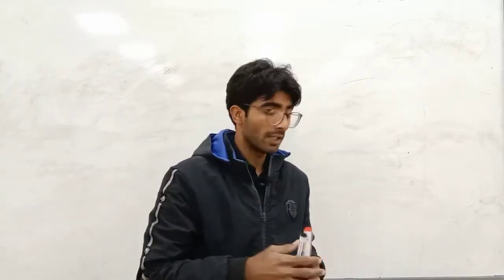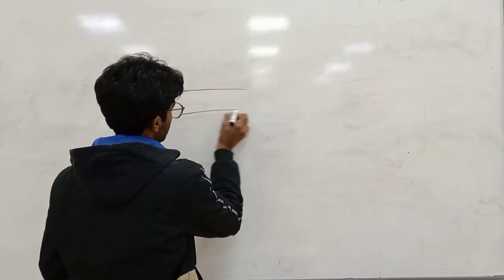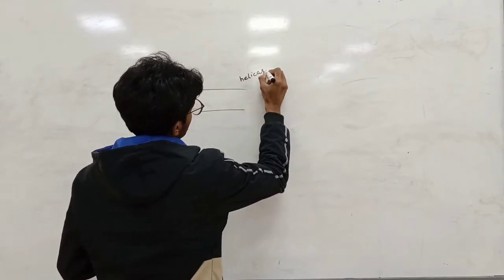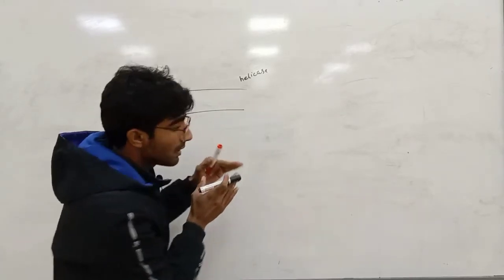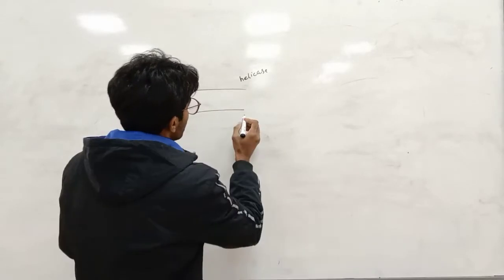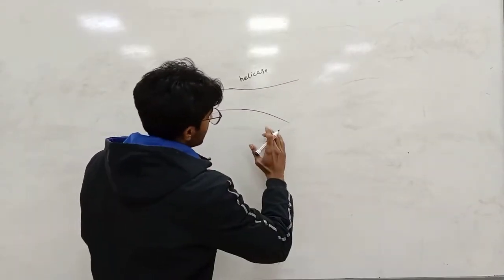So I want to explain to you here the structure of the DNA. When the helicase enzyme enters, it means there is a breakdown of the DNA molecule into single strands.